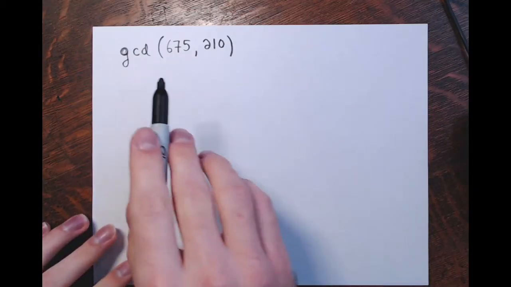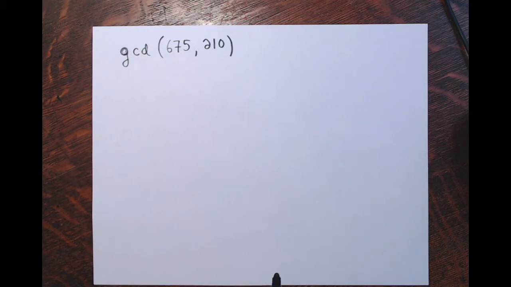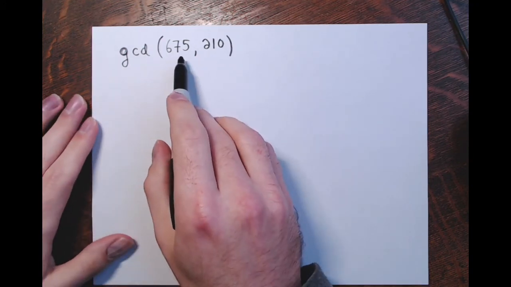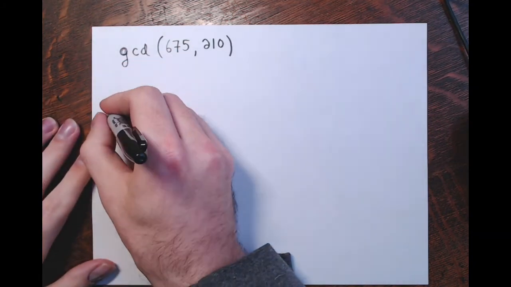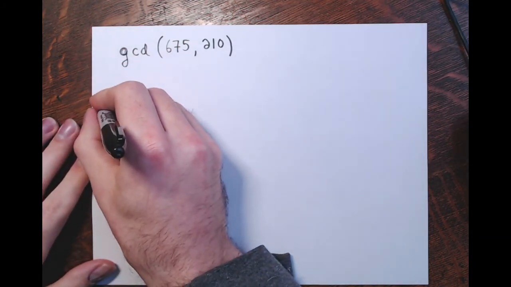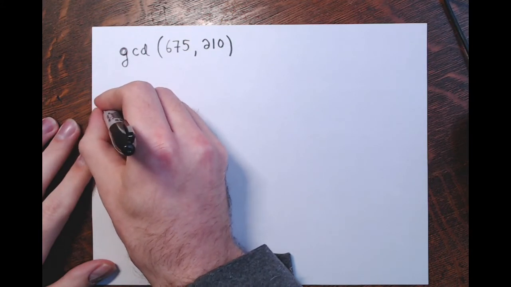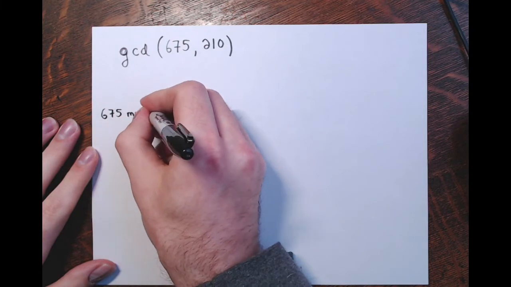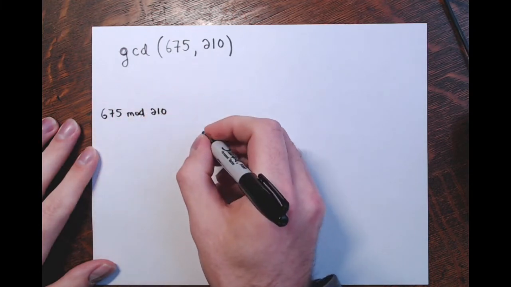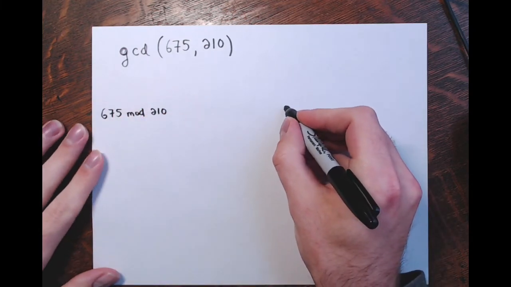Right. So I'm starting here. Say I was again asked to find the greatest common divisor of 675 and 210. Remember, the first thing I want to do is try to find what 675 mod 210 is. And over here, let's write out a little statement.